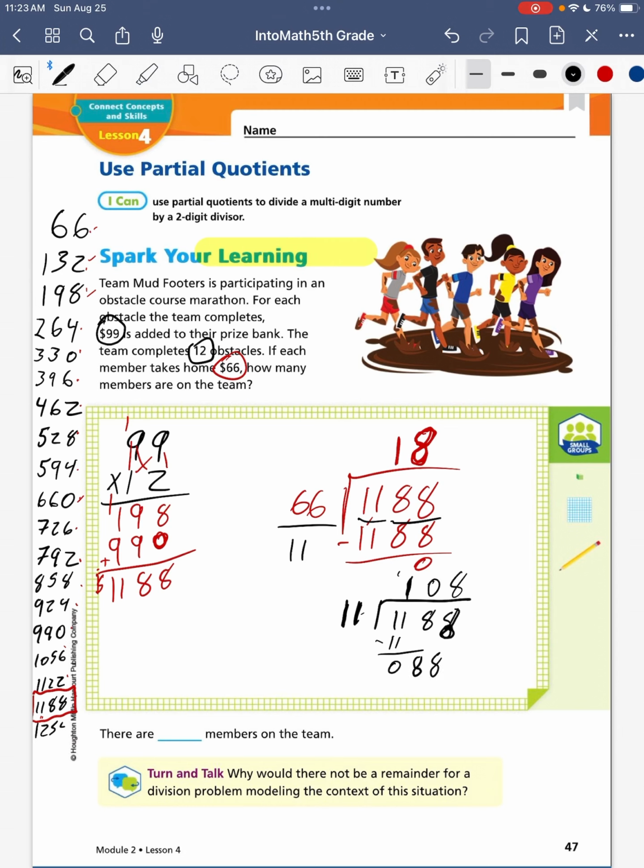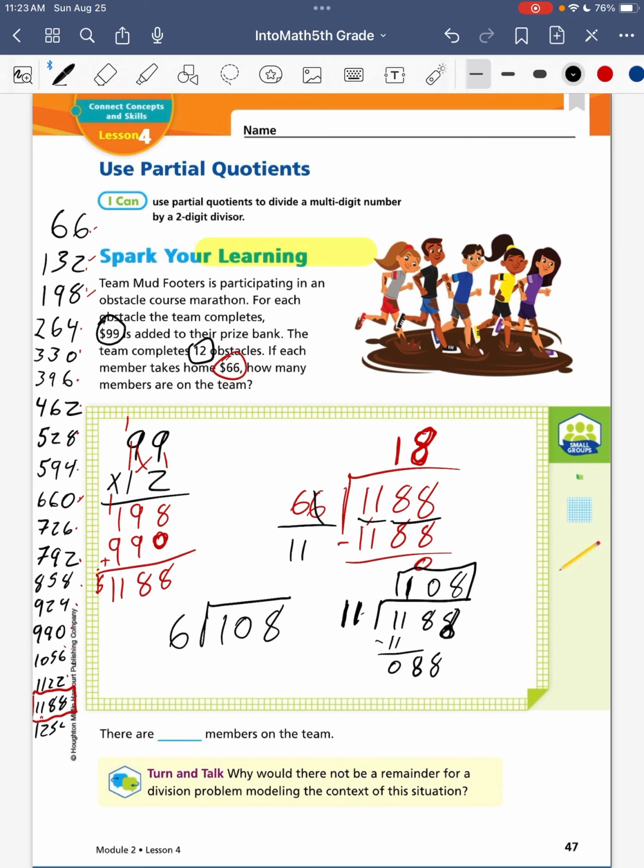But it can go into 88 8 times. So we know that 66, or 6 now, because we divided by 11, into 108 will give us our answer.